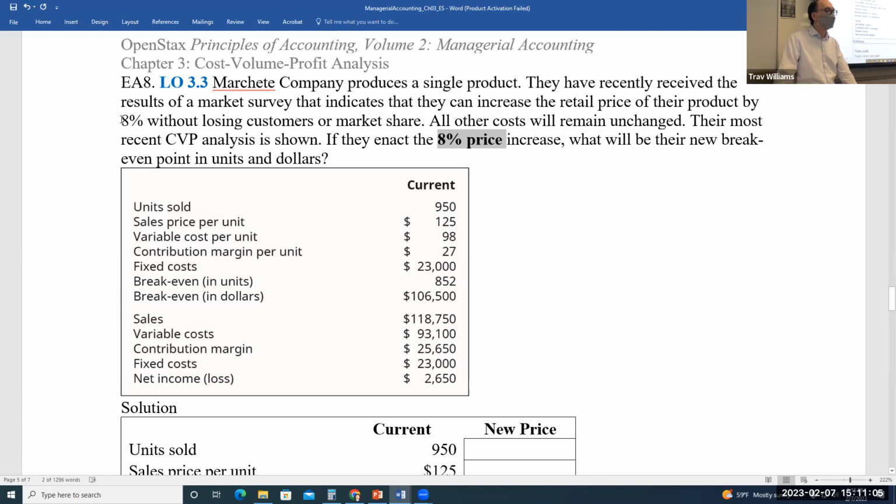It says that if they increase their price by 8%, they believe they will not lose any customers, which is unusual. Usually when you raise your price, you start losing customers. But in this case, they're expecting sales to be the same in units. So what is their new break even in units and dollars with the new sales price?